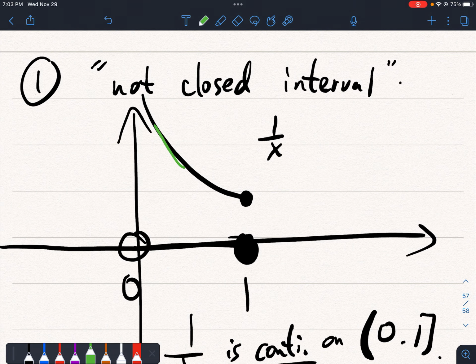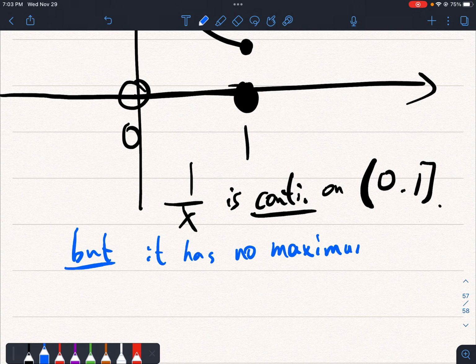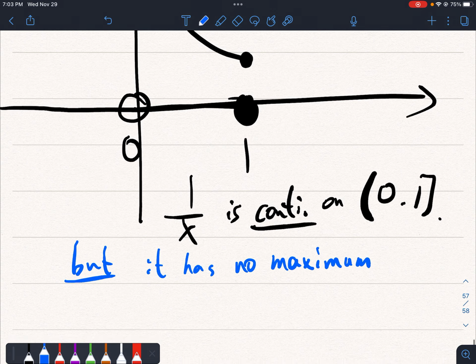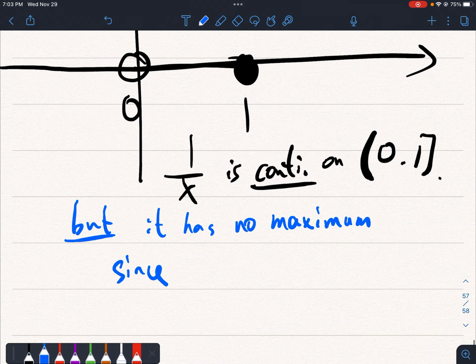And it actually has a minimum, but it has no maximum, right? Because it will approach infinity. Similarly, if you choose it to be minus 1 over x, then it has no minimum.